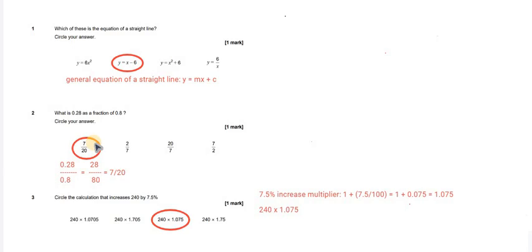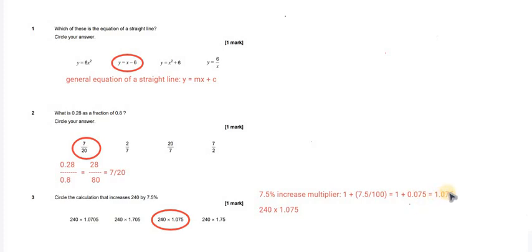Okay? And question 3. Circle the calculation that increases 240 by 7.5%. Percentage increase. Finding the multiplier for a 7.5% increase is basically 1 plus that percentage number divided by 100. So that'll be 1 plus 0.075.